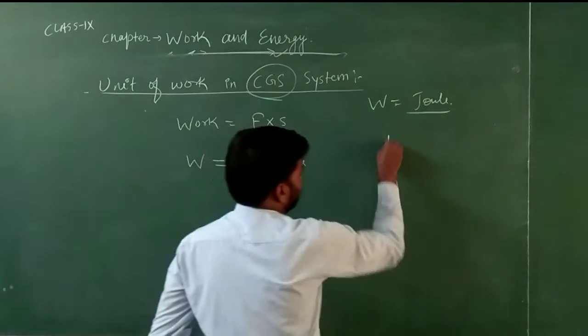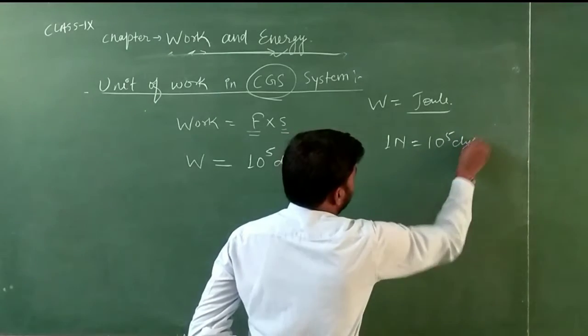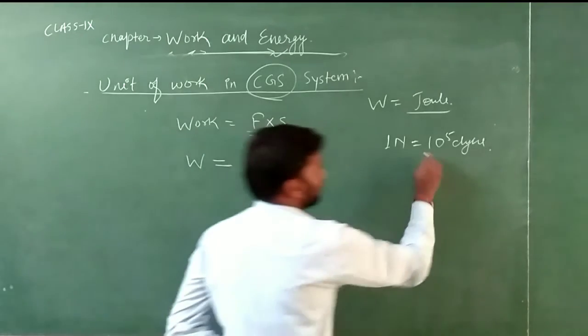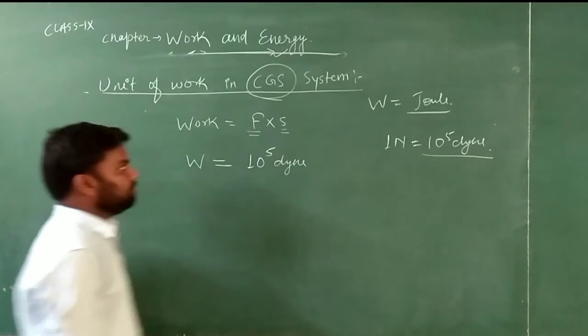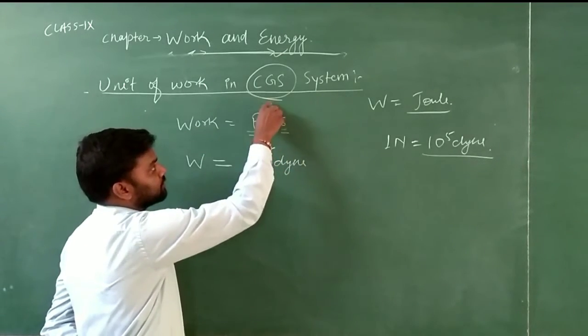Okay, actually we know that 1 Newton force will be equal to 10 to the power 5 dyne. We need to put here the unit of force. So what will be the unit of force in CGS system? It will be dyne. So 10 to the power 5 dyne in CGS system.